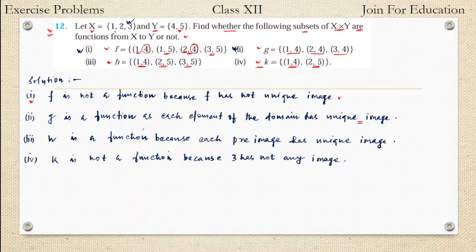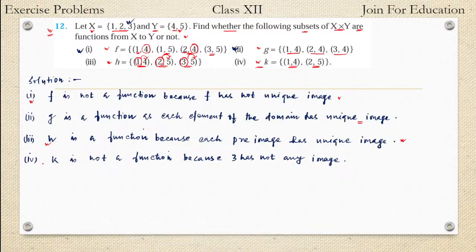So this is the domain and this is the range. So 1, 2, 3, each element of the domain has an image. Therefore, g is a function. h is a function because each pre-image has a unique image. This is the pre-image, and all of these are the unique images.